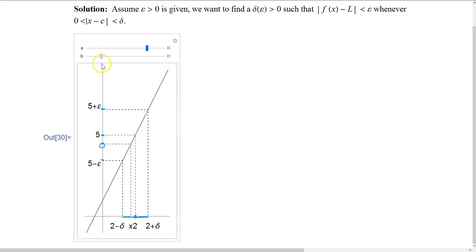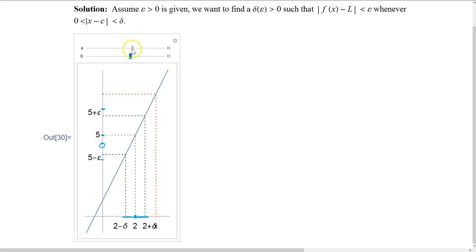Alright, and no matter how small I make that epsilon, if I make it a little smaller, well, there's still a neighborhood around 2 down here. It just became a little bit smaller. I still have a neighborhood here around 2. Right, there's 2.